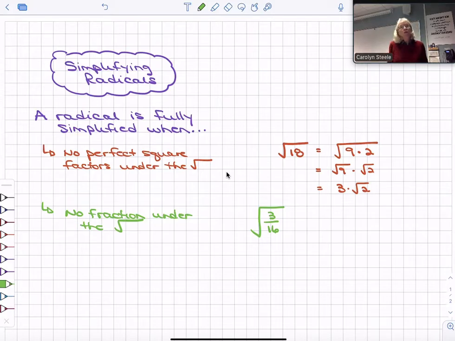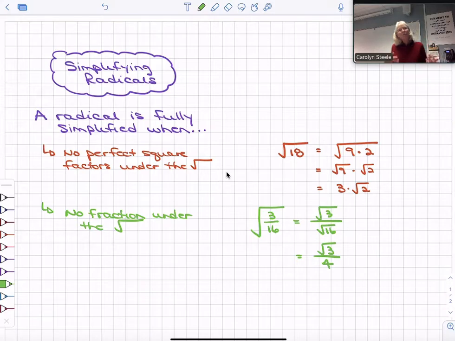What I can do is, again, using one of those patterns we talked about in the last video, this is the same as the square root of 3 over the square root of 16. Nice thing, once we've done this, now we can simplify each the numerator and the denominator. Square root of 3, there are no perfect square factors, but square root of 16, I know that's a perfect square itself. So that's the same as the square root of 3 over 4.